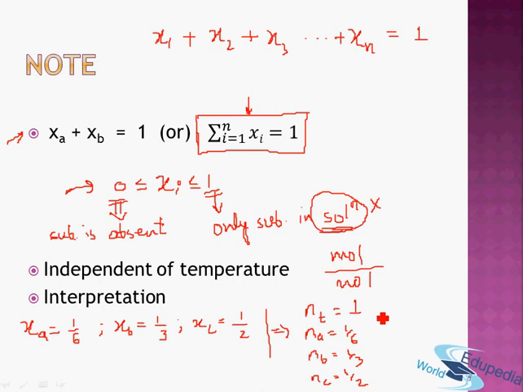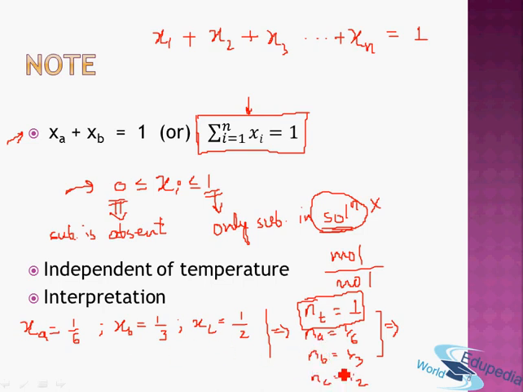So this is how I interpret mole fraction data. I can assume total moles of solution is 1, in which case mole fractions actually become absolute moles of each substance. So XA becomes Na, XB becomes Nb and XC becomes Nc.